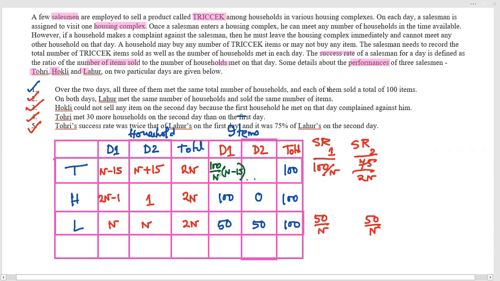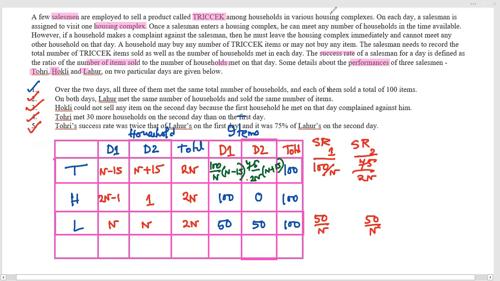This is the number of items sold. And here the same data is 75 by 2n multiplied by n plus 15. That is the way the number of items sold will be this.